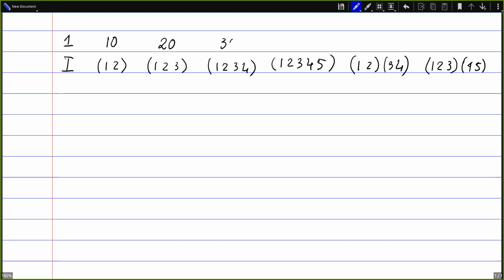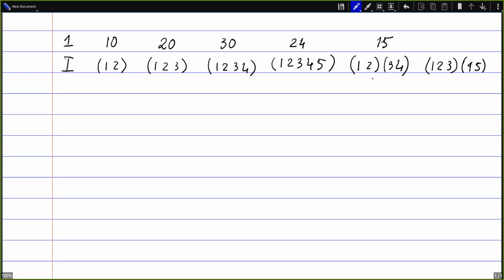Similarly, here it will be 30. Here it will be 25. I leave the verification of these to you. Here it has to be 15 because in order to get a permutation with cycle type 2, 2, first we have to get the fixed point.